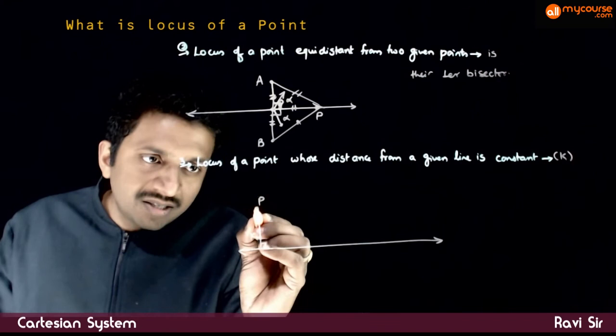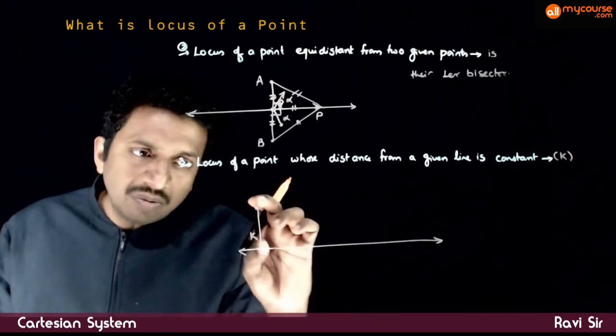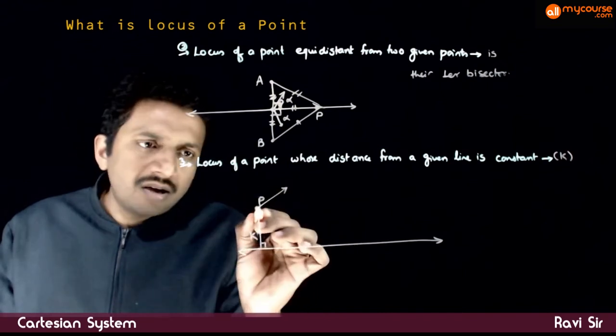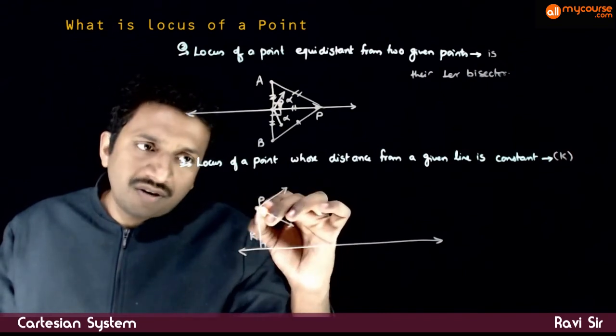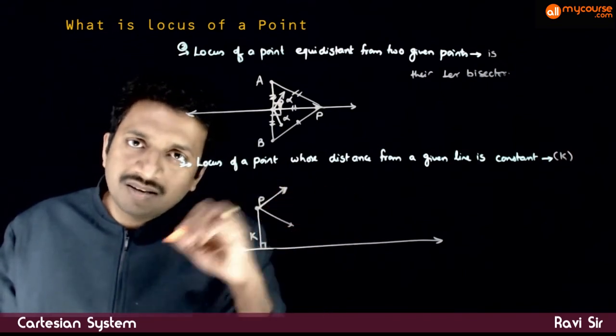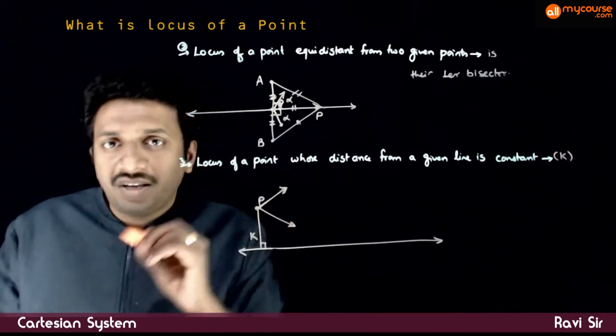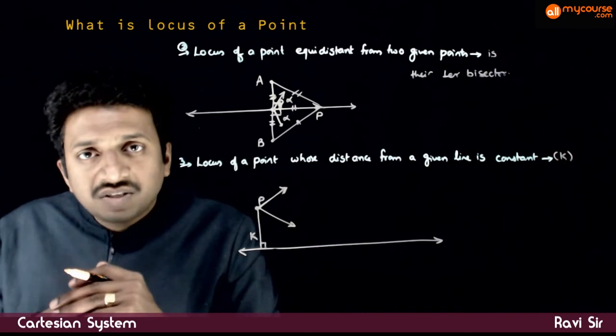The condition that this point has to satisfy is it has to maintain this distance. So obviously it cannot go like this or like this, because if it goes like this, the distance will be increasing. If it goes towards the line, the distance will be decreasing. So what is the direction in which it can go?